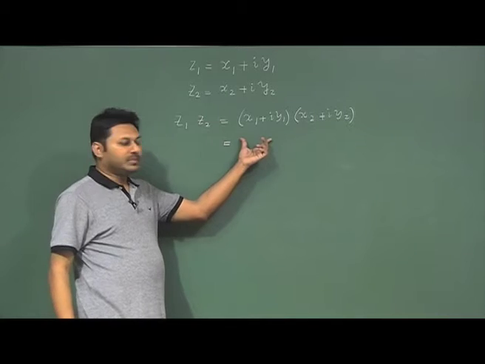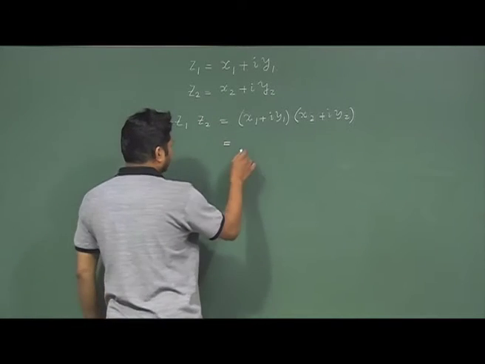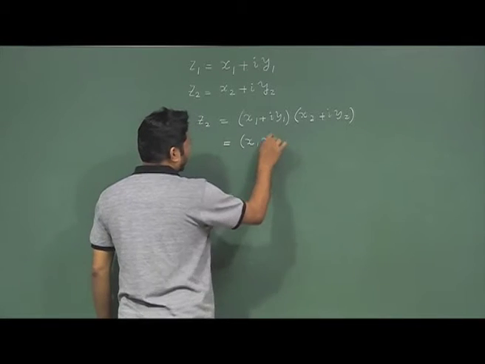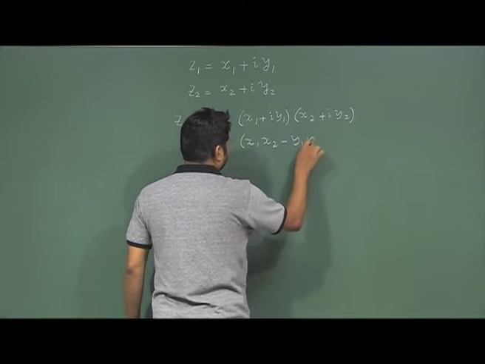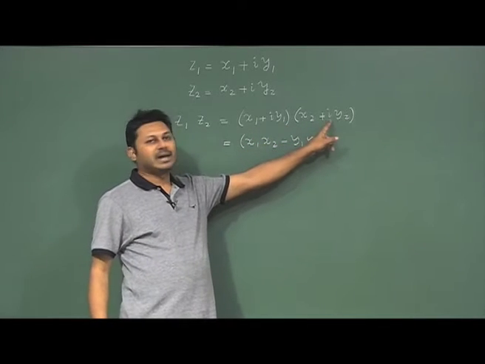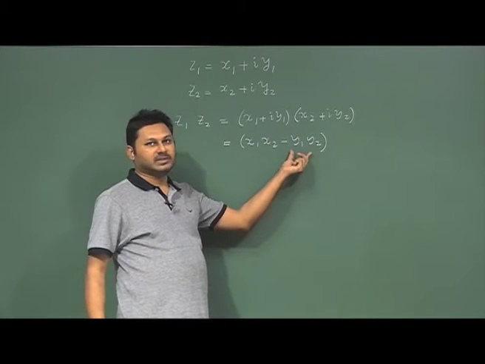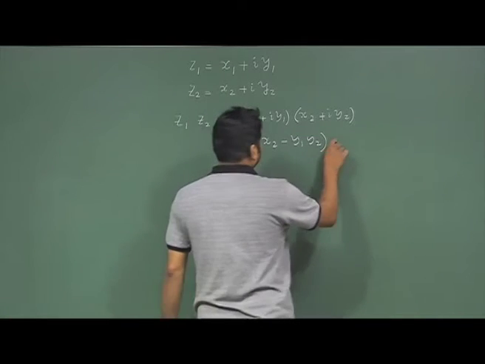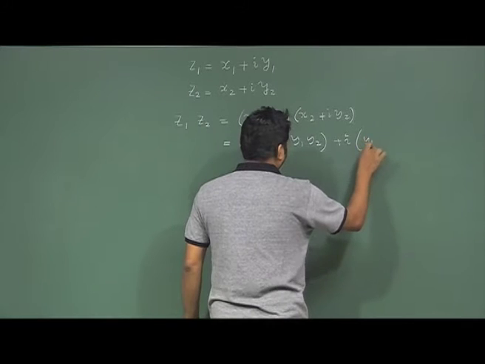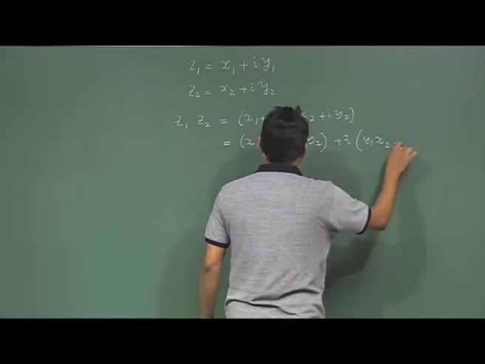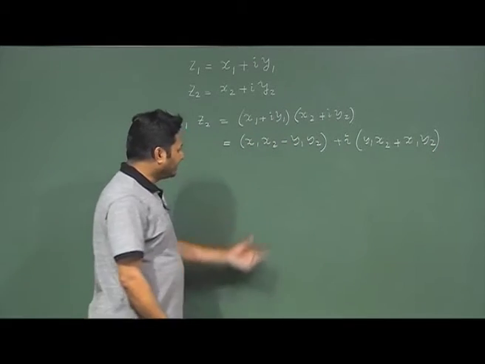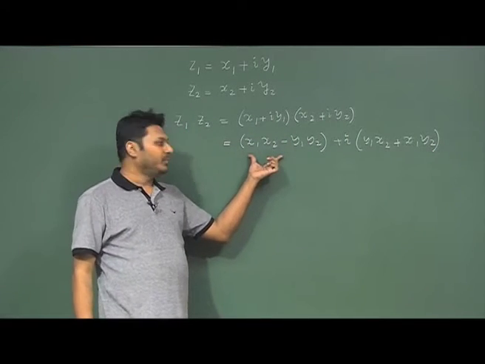It is interesting because we get x1 x2 minus y1 y2. If I multiply i into i, we will have minus 1, and because of that I will have this quantity, plus i times y1 x2 plus x1 y2. So, this is also forming a complex number.